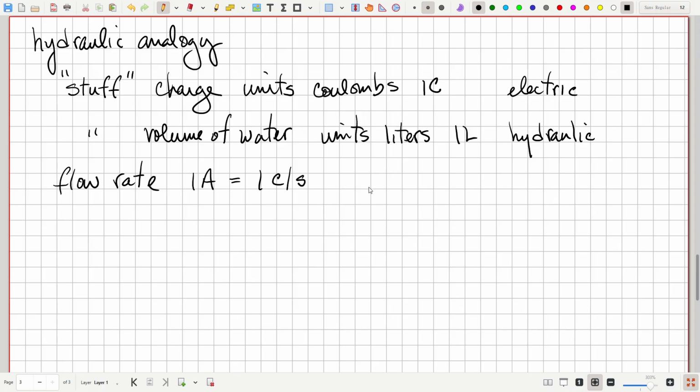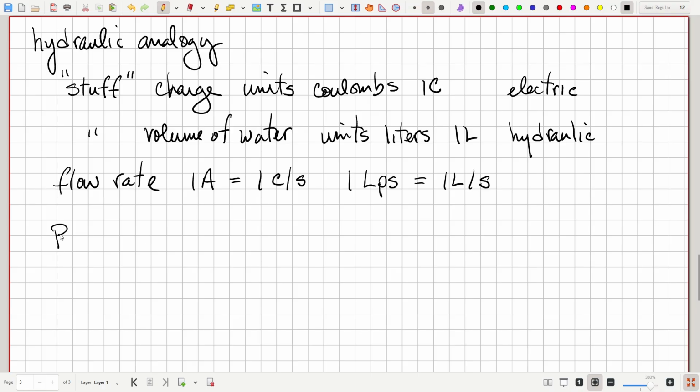For the hydraulic case, let's say 1 LPS is 1 liter per second. Liters per second could be our flow rate, or gallons per minute, or whatever you want to use, but we'll use liters per second. Okay, so that's just the flow, the rate of flow of our stuff. So the current is like just the flow of the water.